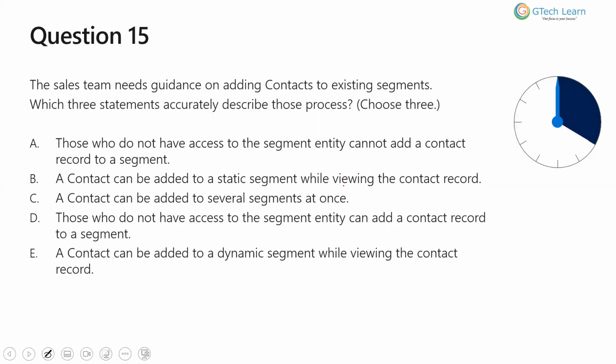Option C, a contact can be added to several segments at once. Option D, those who do not have access to the segment entity can add a contact record to a segment. Option E, a contact can be added to a dynamic segment while viewing the contact record. Your answers on the chat, and let me start the timer now. You need to select three of them.